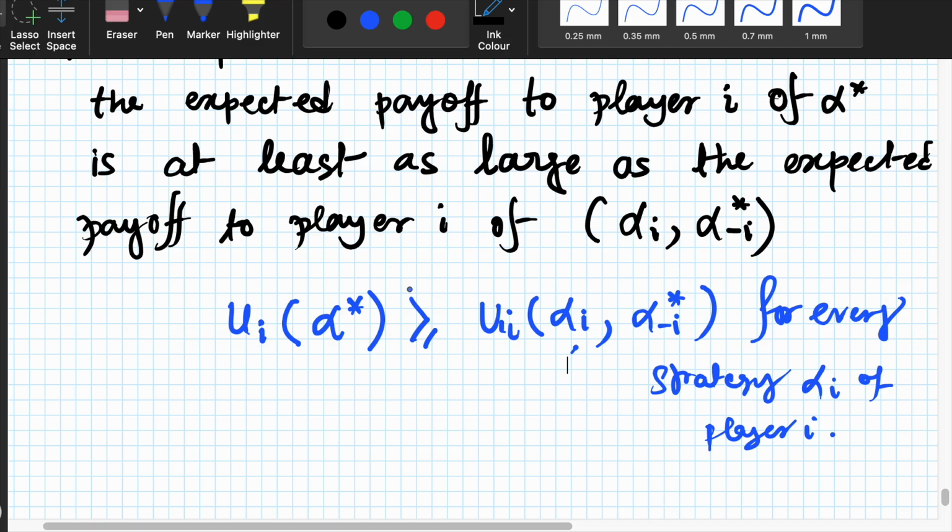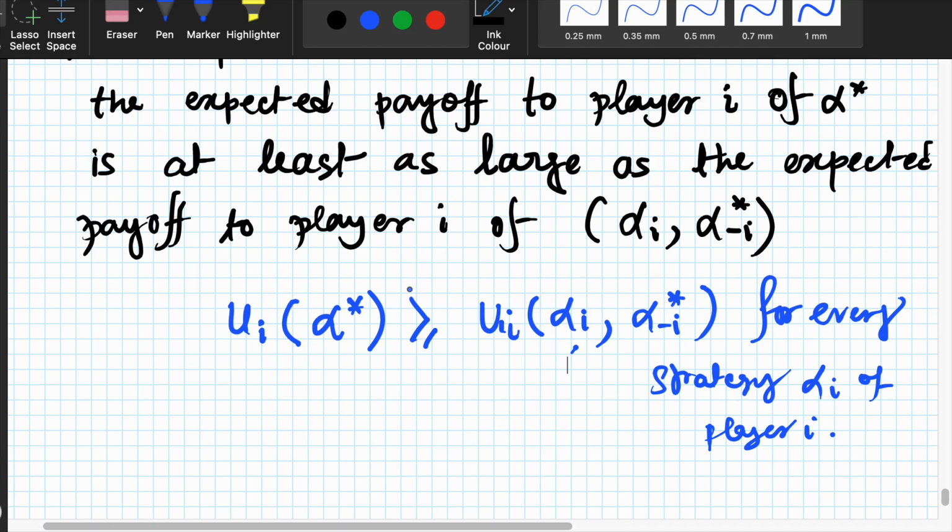Why? Because when one player is playing with probability half, no other strategy can do better. It will get equal payoff if it chooses another strategy.